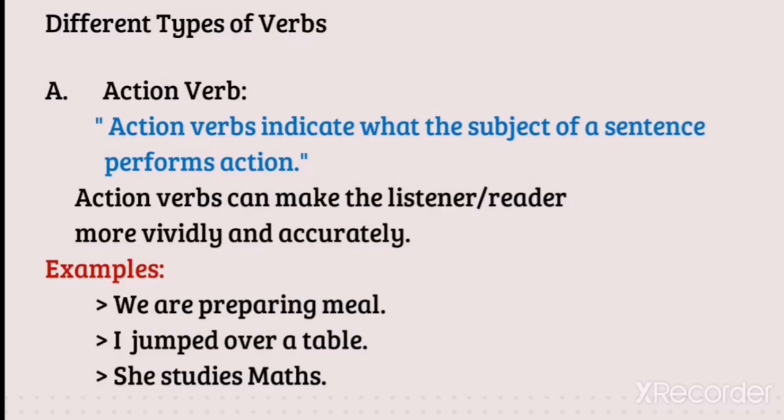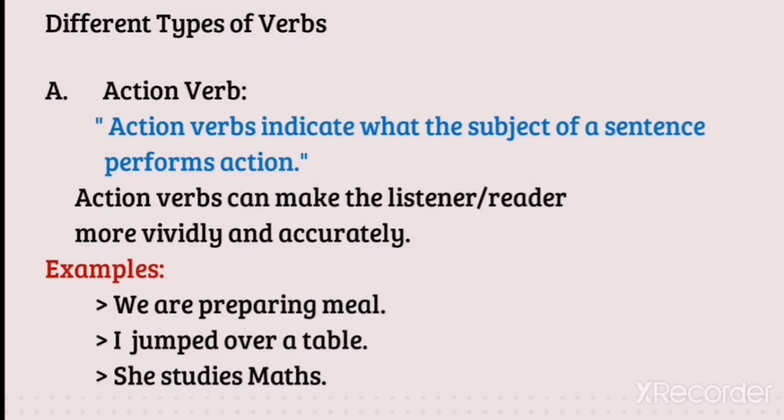There are different types of verbs. The first type of verb is action verb. Action verbs indicate what the subject of a sentence performs.